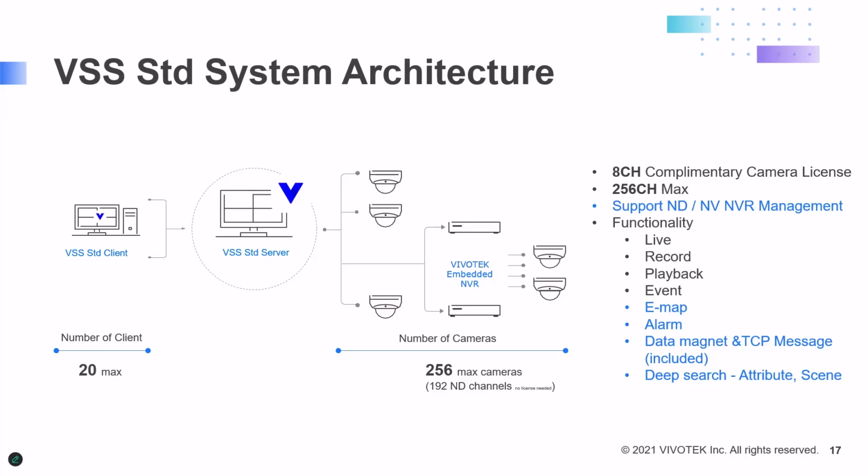The functions included with VSS Standard are live viewing, recording, playback, event notifications, EMAPs, alarm management, data magnet, and TCP messaging. So all of those features, no additional licenses are necessary for those. And then also you get 2 of our 3 deep searches. We have attribute search and then also scene search.